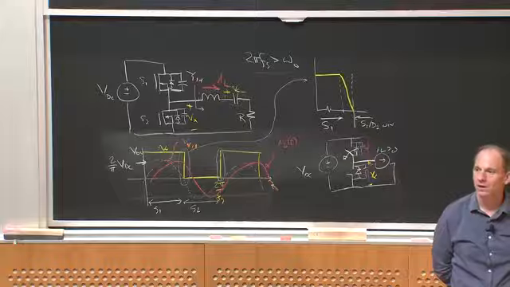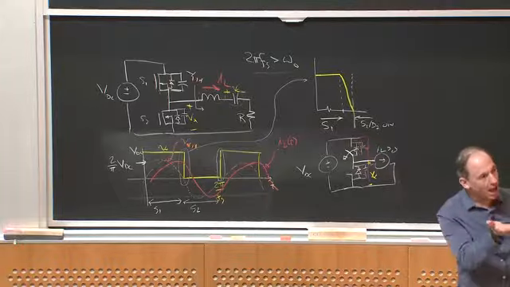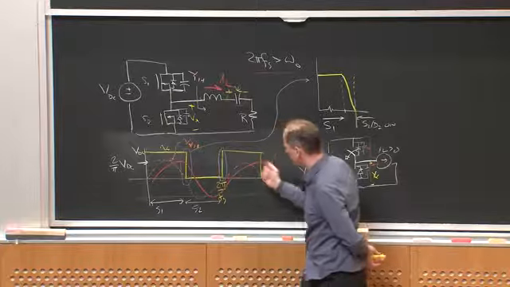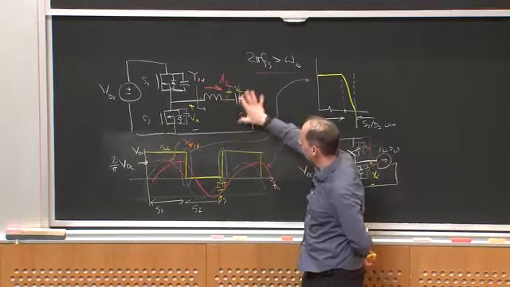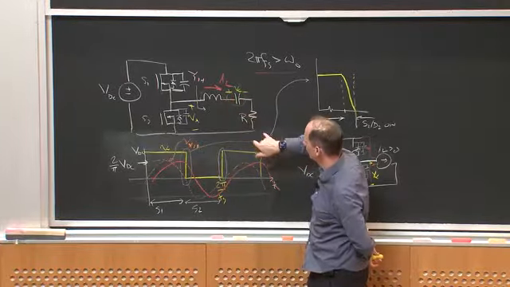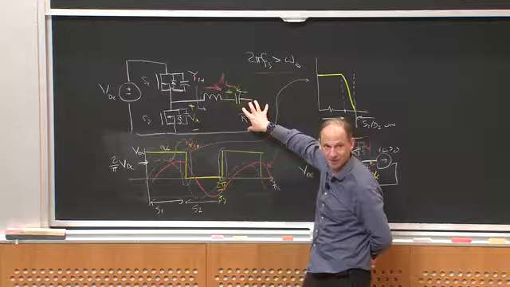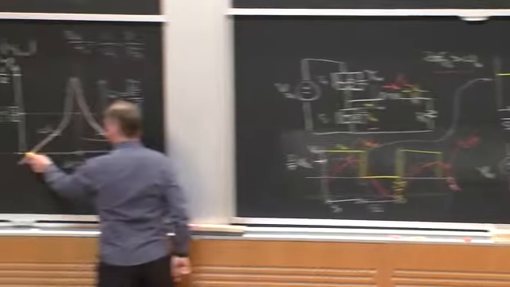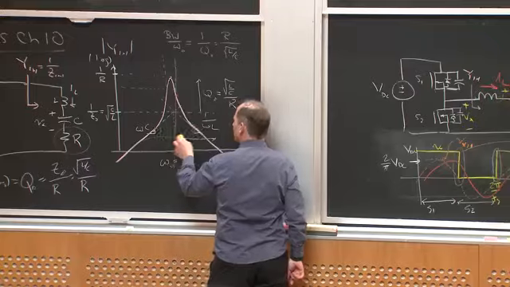Now we would like quality factor to be high so that we get sinusoidal currents. If you imagine that the quality factor of this was really low, that is, resistance was really big, then instead of looking like this pretty curve, it would look like this.